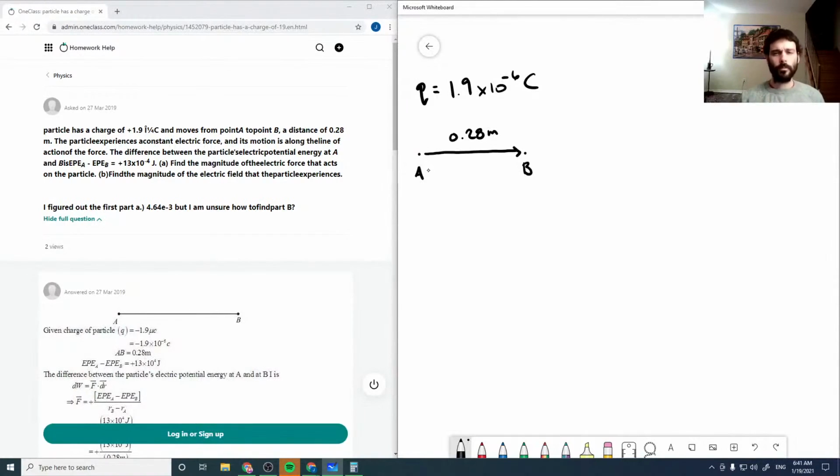And it experiences a constant electric force, and its motion is along the line of action of the force. So we've got an E field that points in the direction from A to B.